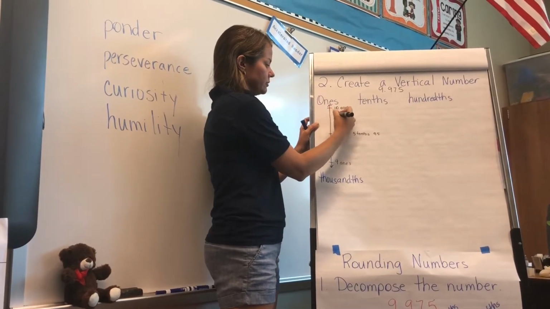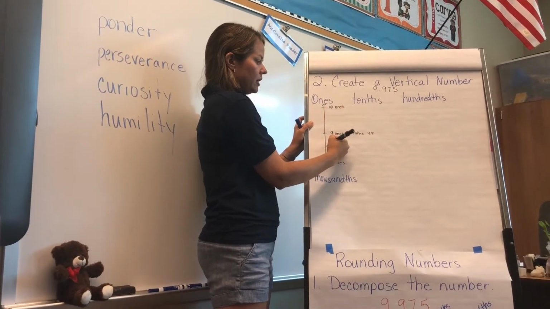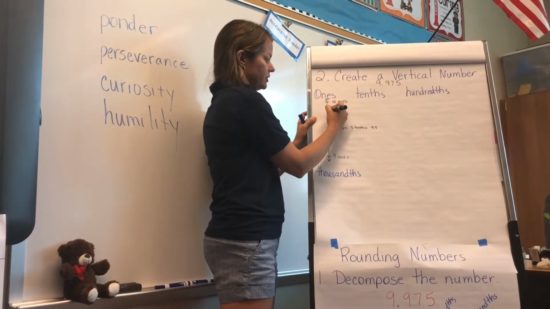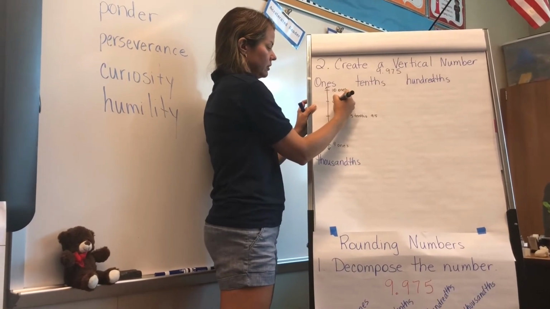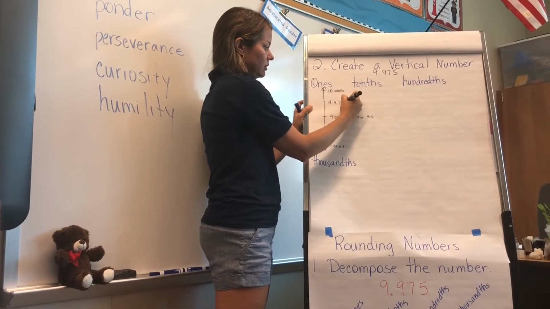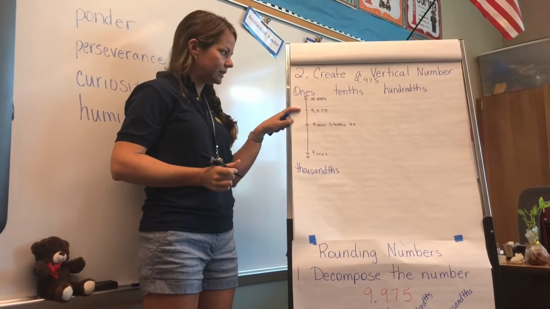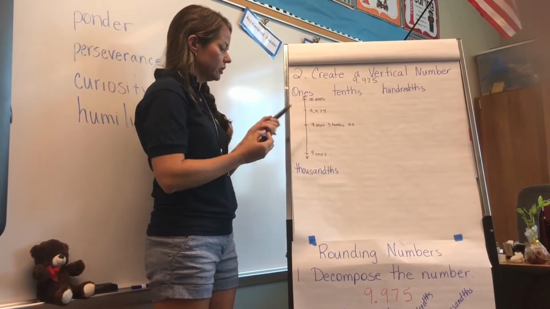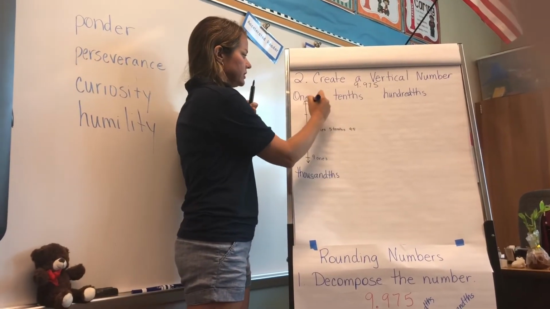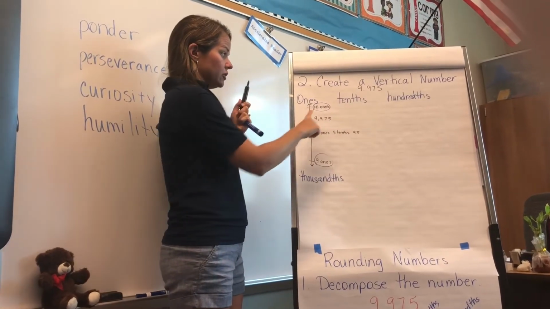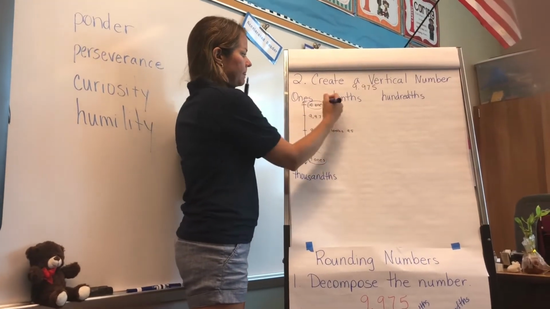It's more than 9 ones, more than 5 tenths, it's 7 tenths, so I'm going to place it up here. Now I can see, is it closer to 10 ones or 9 ones? It's definitely closer to the 10 ones.